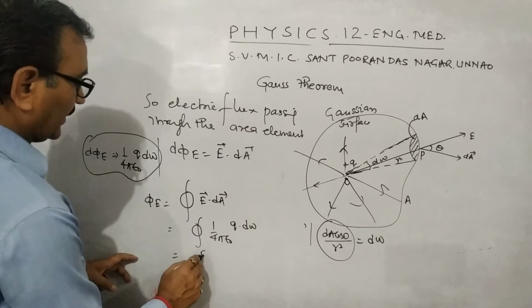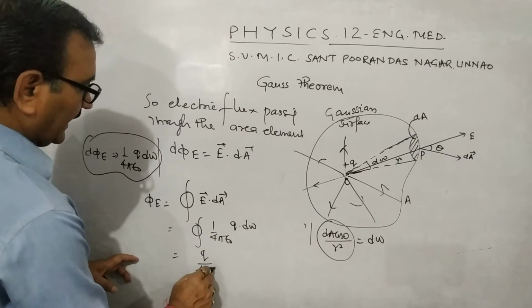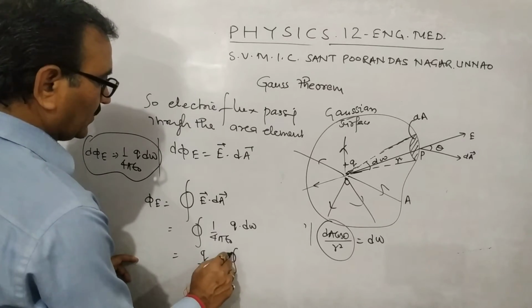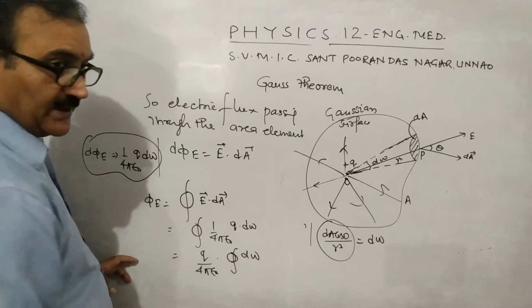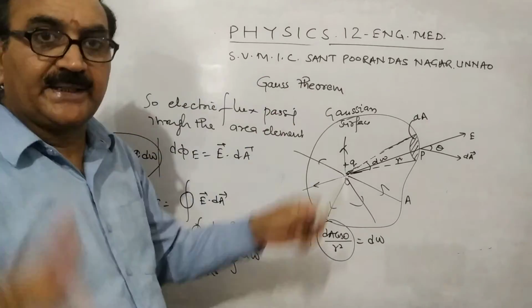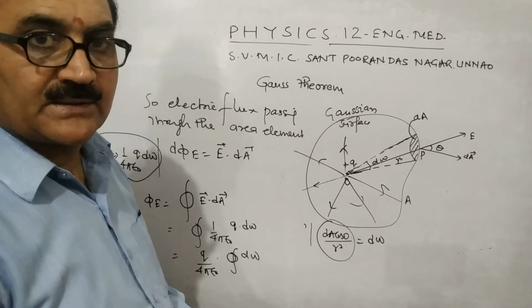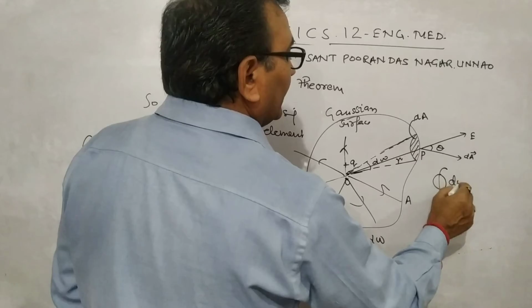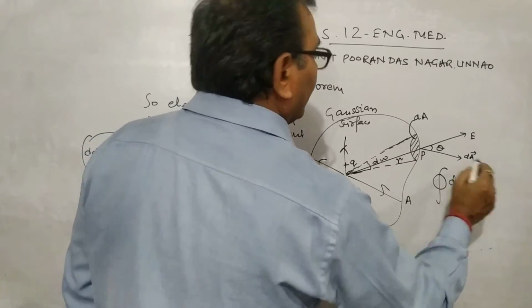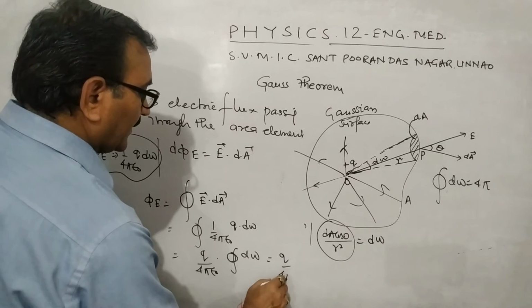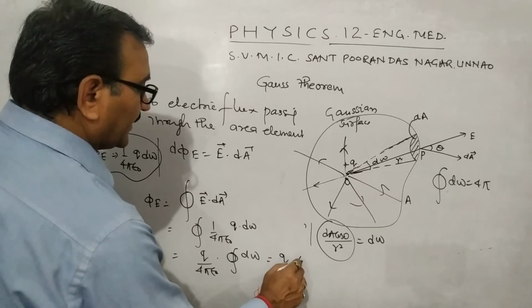Take q upon 4 pi epsilon naught as common here, and closed surface integral d omega. This surface integral d omega indicates total solid angle, and already I have discussed total solid angle. Total solid angle is equal to 4 pi. So place here q upon 4 pi epsilon naught into 4 pi.